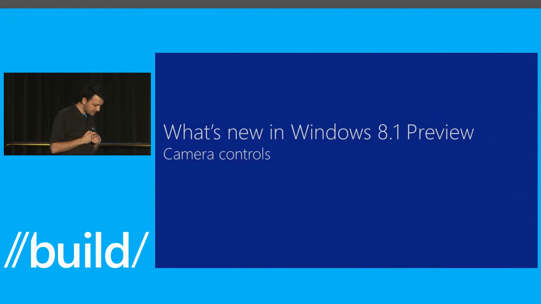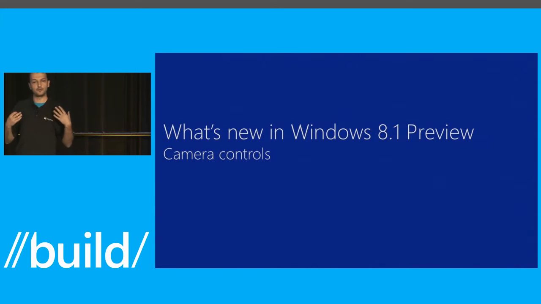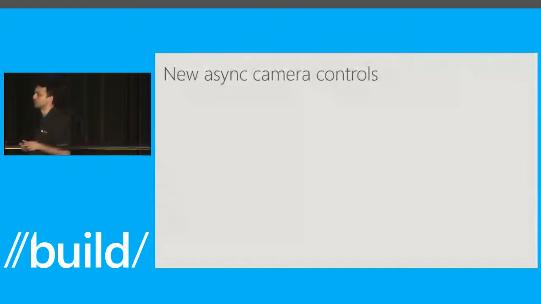Now, let's switch to some more new functionality that we have in 8.1, camera controls. Now, most of the time, when we take pictures or record video, automatic settings, auto settings work for us pretty well. But there's always room for improvement with auto settings. The image processing algorithms can only do so much. If you provide more input to them, they will be able to do better jobs.